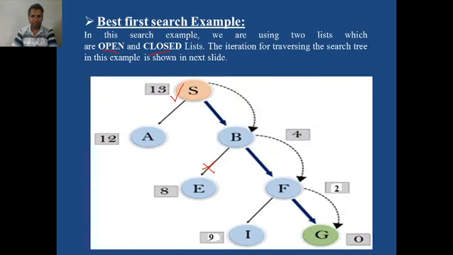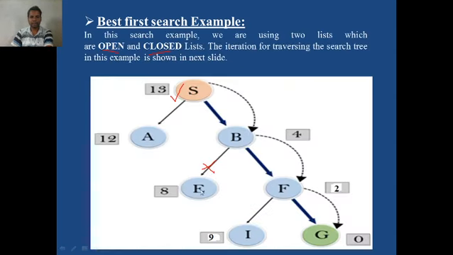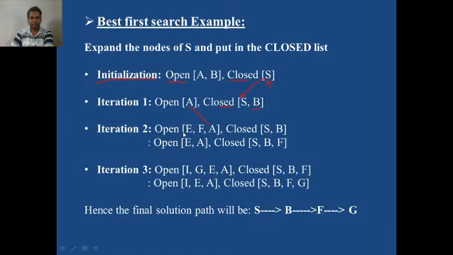After B, E and F are the successors of node B. That's why when you enter iteration 2, you will find E and F maintained in the open list because they are not yet traversed, and in the closed list, after completing iteration 1, S and B are closed because they are traversed.